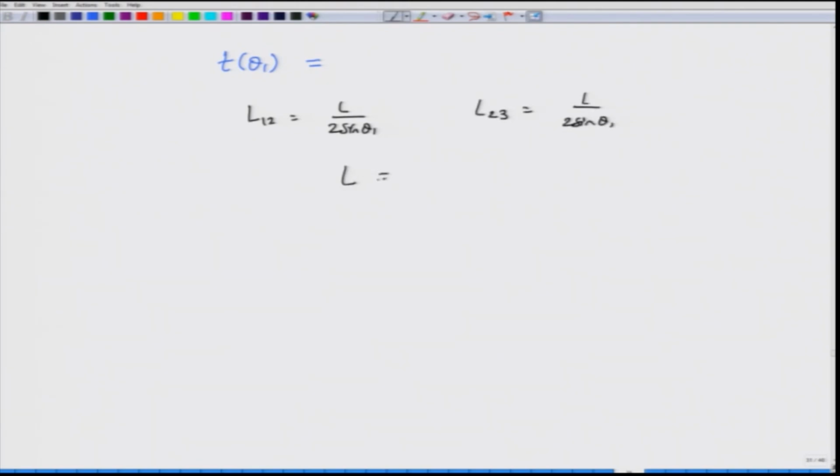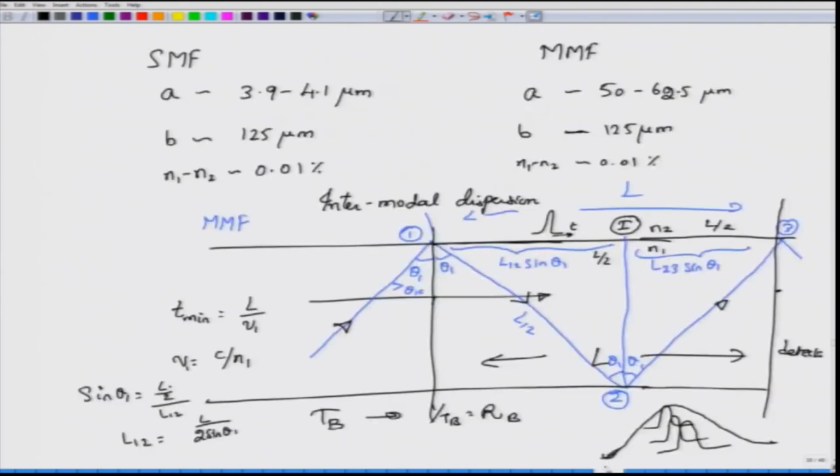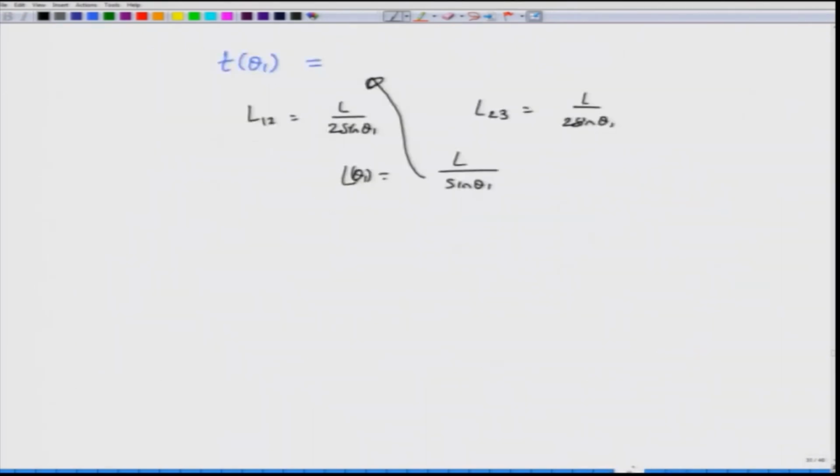The total length of propagation, as a function of angle theta 1, is given by L by sin theta 1. And therefore, the time taken for the ray of light propagating along this blue line, making an angle of theta 1 with respect to the normal to the core-cladding interface, is L by sin theta 1 divided by the velocity v1.